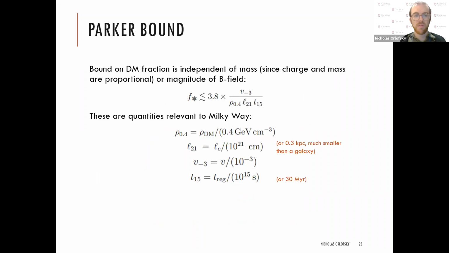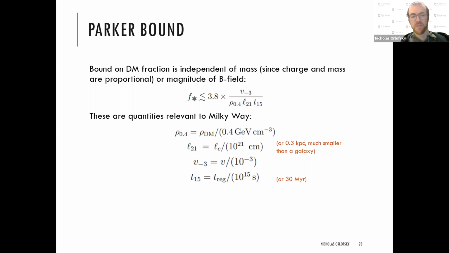So in effect, you can set a bound on black holes as a fraction of dark matter that is completely independent of the charge or the mass, and only depends on quantities related to the galaxy: the virial velocity, the local density of dark matter, and the properties of the actual coherent region of B field, the coherence length and the time it takes to regenerate.